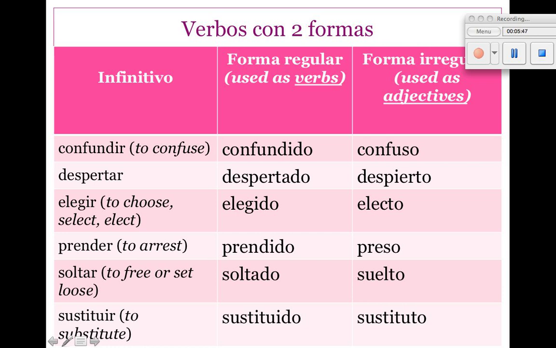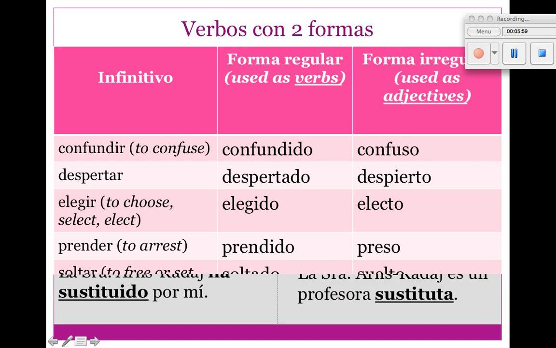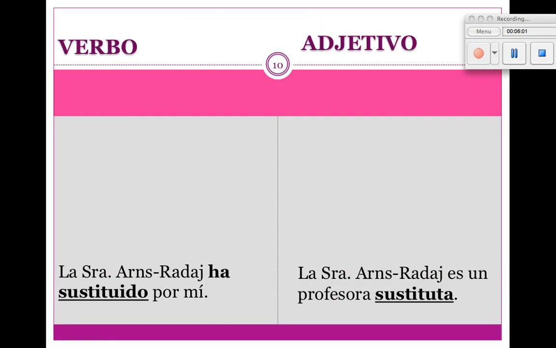Yo he elegido a un presidente. Los ladrones están presos. They are arrested versus they have been arrested, or the police have arrested them. Okay, so these are adjectives. These are verbs.